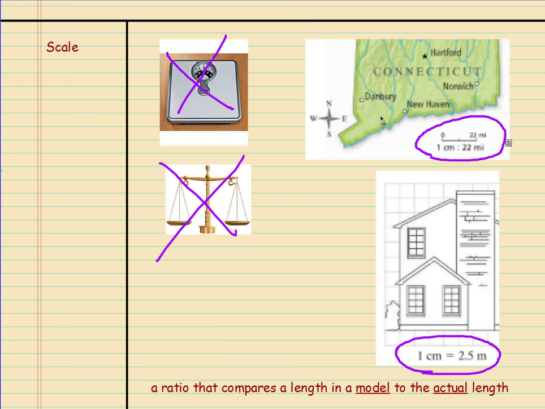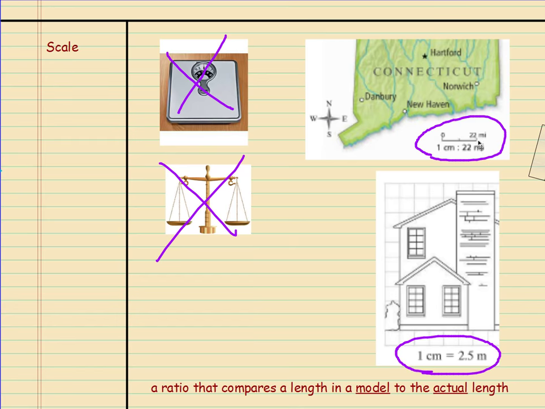So let's look at this map. This says 1 centimeter for every 22 miles. So in the map, if you take a ruler and you measure 1 centimeter somewhere, in real life, that is actually 22 miles. If it's 2 centimeters, well, how long is it going to be in real life? Well, 44 miles.